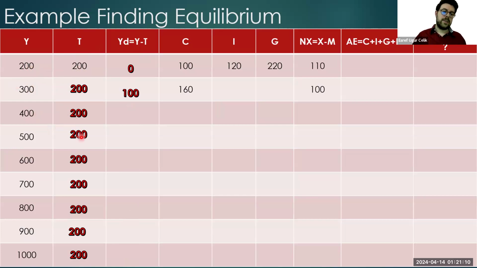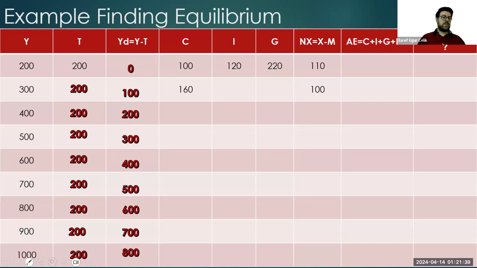Or, one more thing: I said the total income always changes by 100, so these parts also change by 100. Increase 100, increase 100. But please always check: 0, 100, 200, 300, 400, 500, and 600.